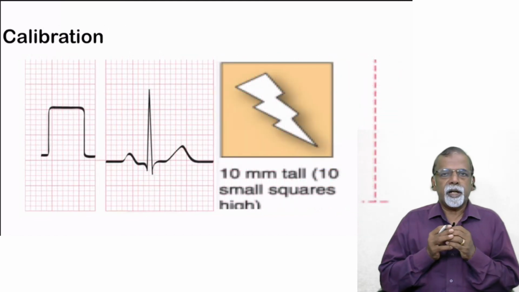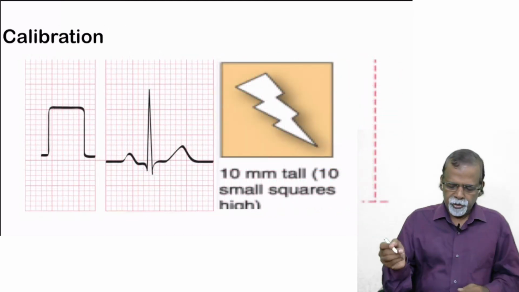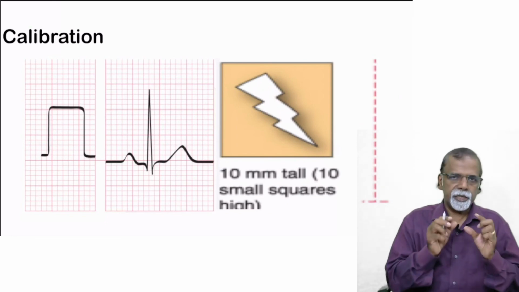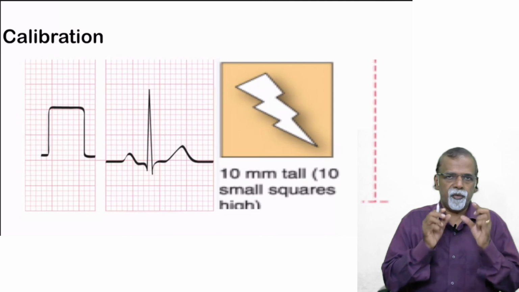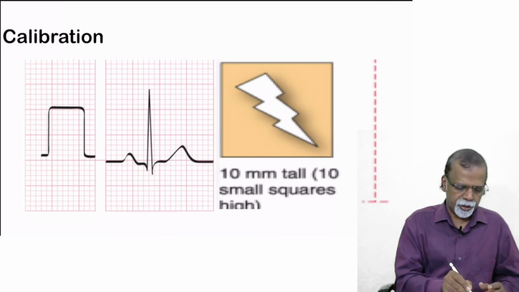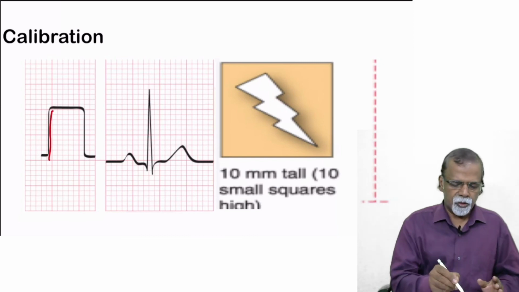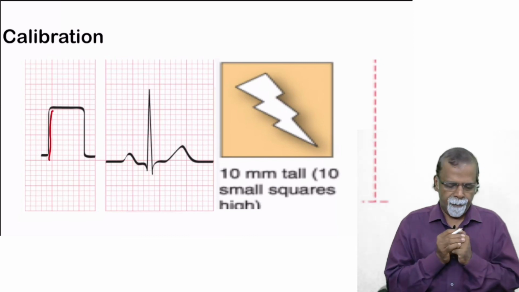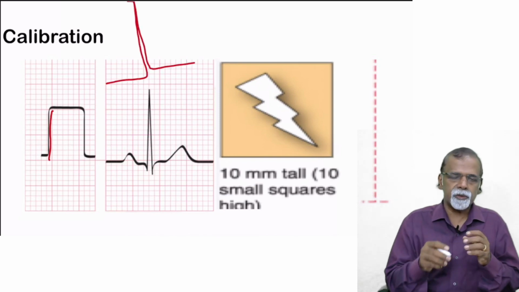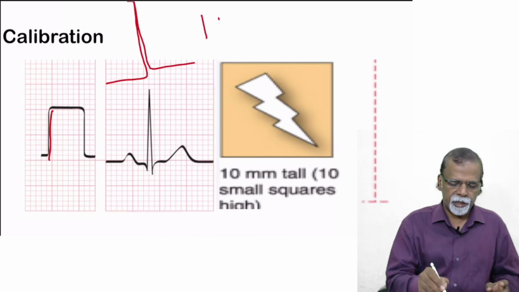Then one word regarding calibration. We already said the y-axis is the voltage. The machine is set in such a way that when 1 millivolt is applied, it will produce a deflection of 10 millimeters. This is called the normal standardization. Sometimes the ECG may be very tall, and in such conditions you use what is called the half standardization.